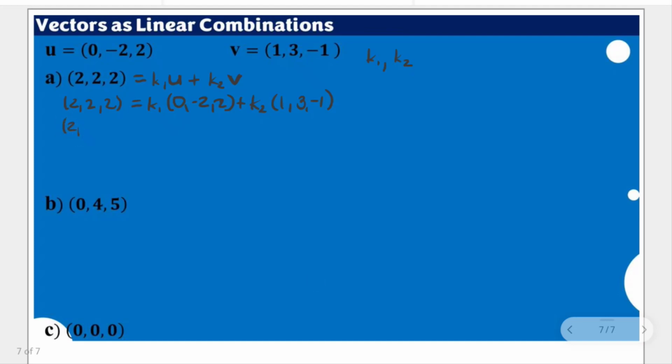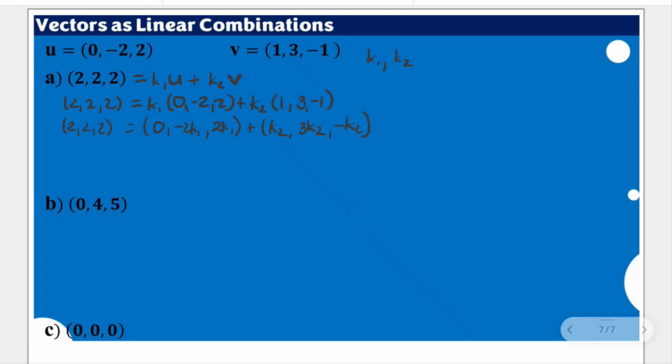So you have (2, 2, 2). You will have K sub 1 times 0, so 0, negative 2 K sub 1, and positive 2 K sub 1, plus here you have K sub 2, then 3 K sub 2, and negative K sub 2.